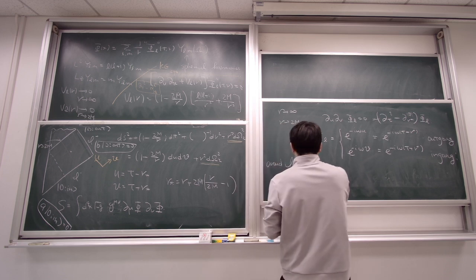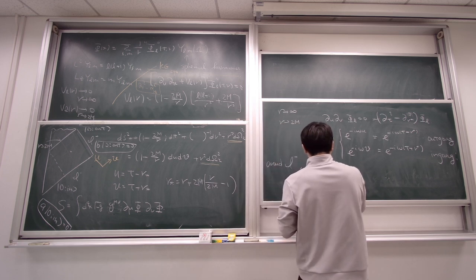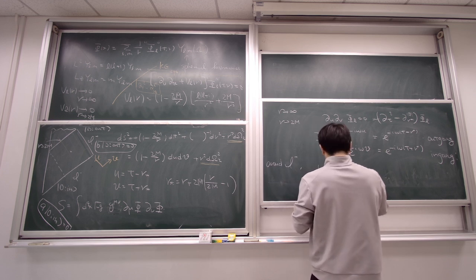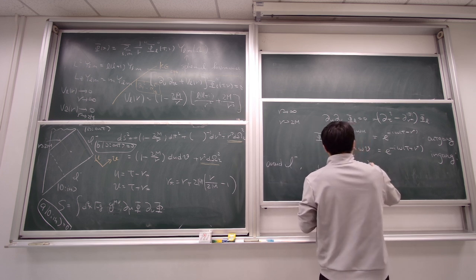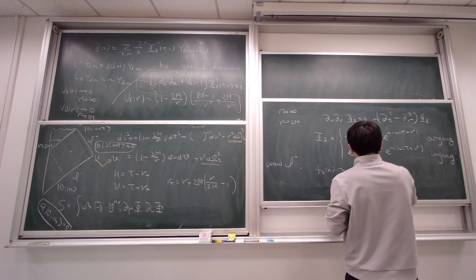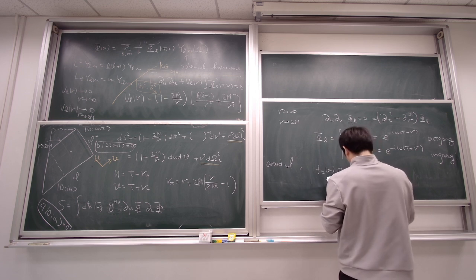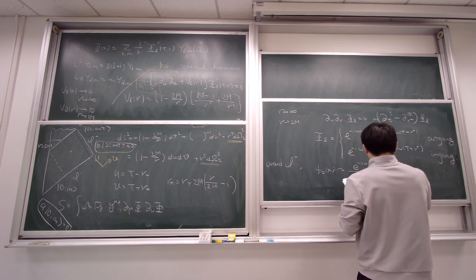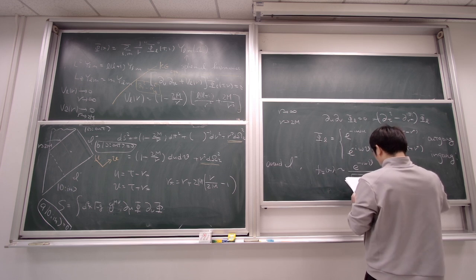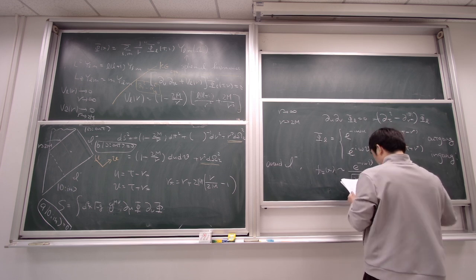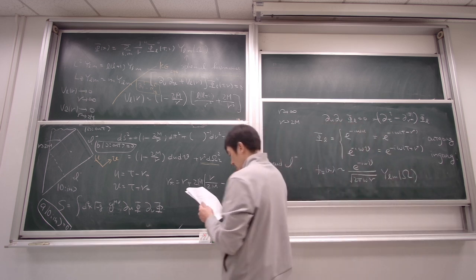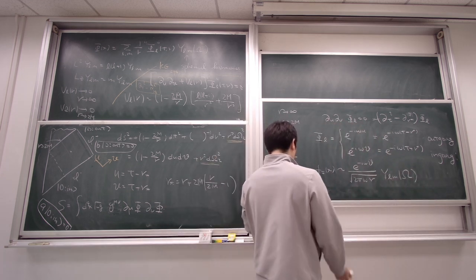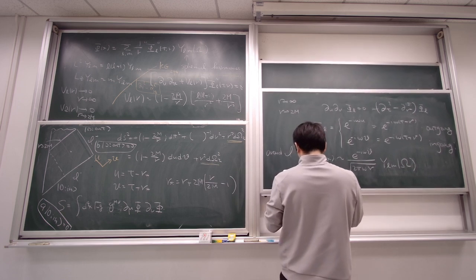Around past infinity, we have a mode expansion f_i of x, something like e to the minus i omega v, divided by square root of 2 pi omega, over r, times Y_lm. And this has the following property.